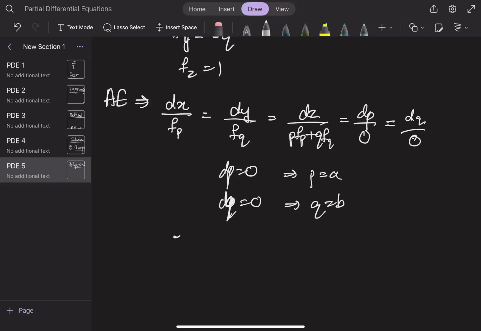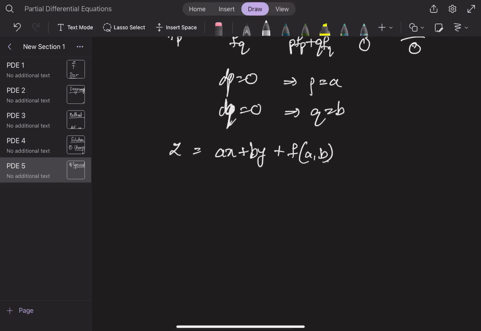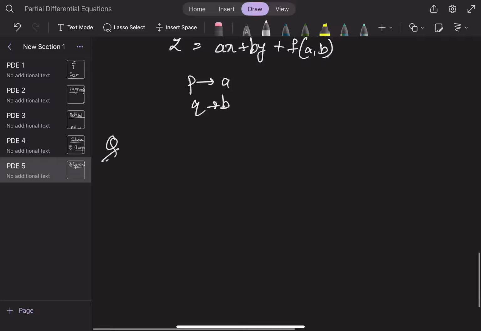So basically your equation becomes z is equal to ax plus by plus some function of a and b. So this is the most simple form, because what you have to do, you just have to simply replace p with a and q with b. Let's take an example. For example, the question is z is equal to xp plus yq plus log of pq.